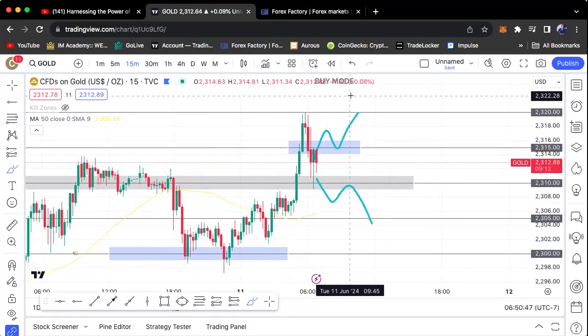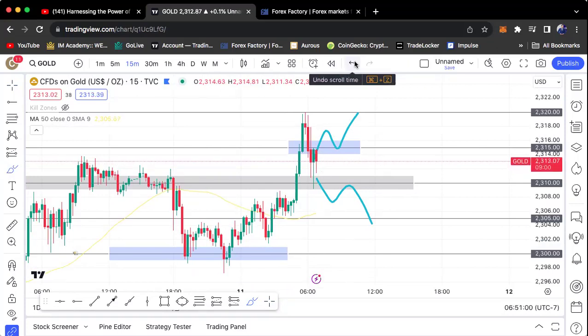This game is all about probabilities. You want to gather as much evidence. It's all about probabilities. You got to look at different ways, okay? Because I'm a confluence trader. You guys are confluence traders. You want to gather as much evidence. It's like a doctor.